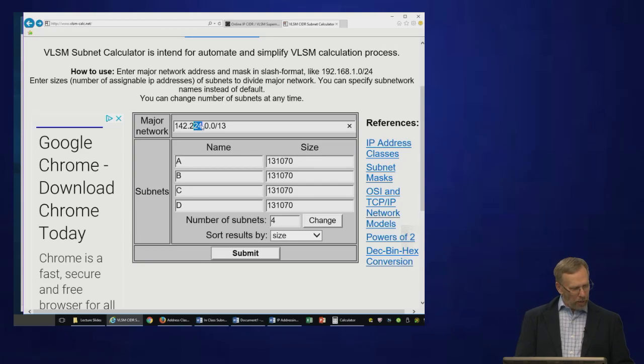But let's say that our ISP wasn't nice to us and they gave us something in the middle like 221. Let's see what it would give us and whether or not it would throw us off. Is our first network now going to be 142.221.0.0? Let's see what happens.